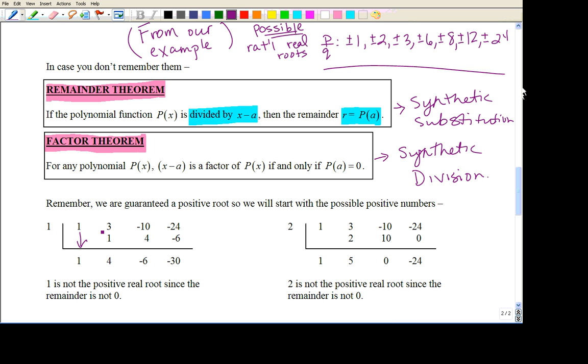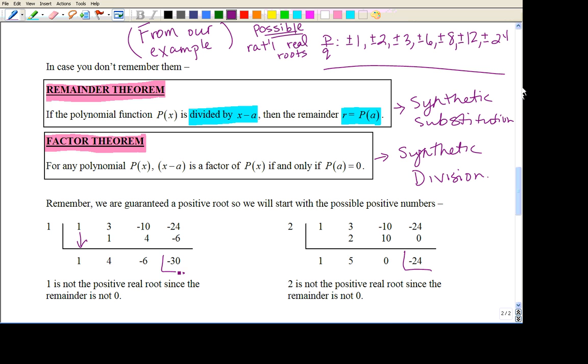Then repeat, 4 times 1 is 4, and 4 plus negative 10 is negative 6. And negative 6 times 1 is negative 6, plus negative 24 is negative 30. What we're looking for is this last number right here, if that number is 0. We'll keep doing this for each of our positive numbers until we get one that has a 0.